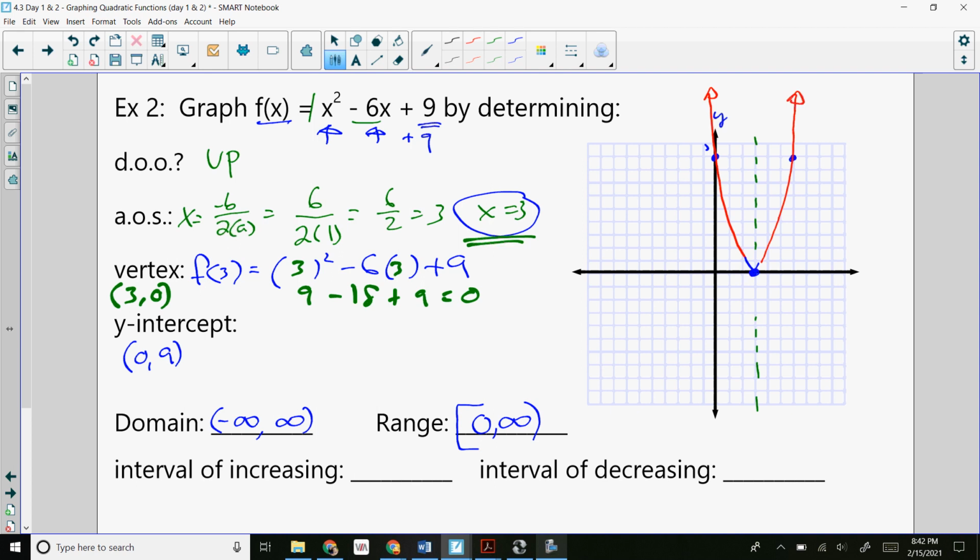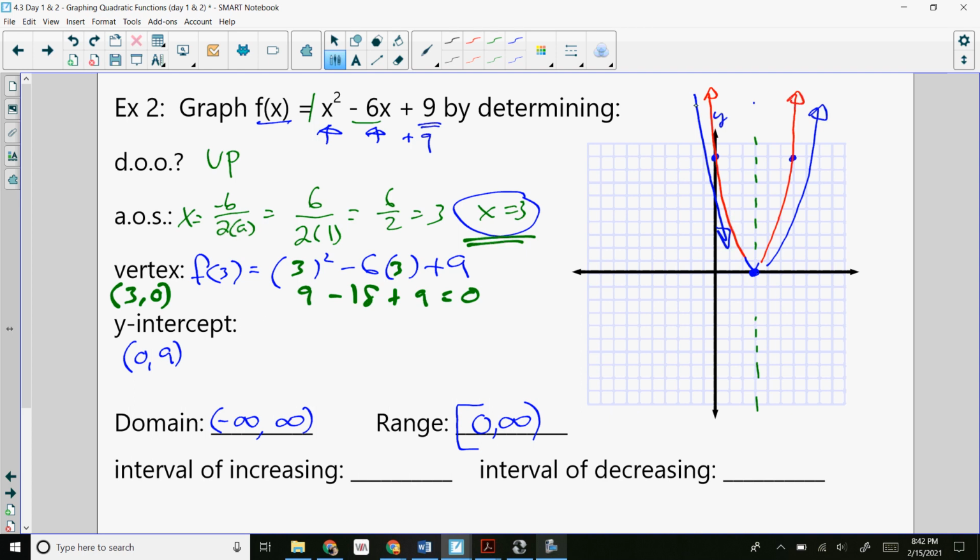The trickiest part, I think, is the interval of increasing and the interval of decreasing. And the way I like to remember this is like I read a book from left to right. We're going to view this, whether it's increasing or decreasing, as to what it's doing from left to right. So for example, from left to right here, this is going down to start with, and then back up from left to right once we get to the bottom, or to our vertex.